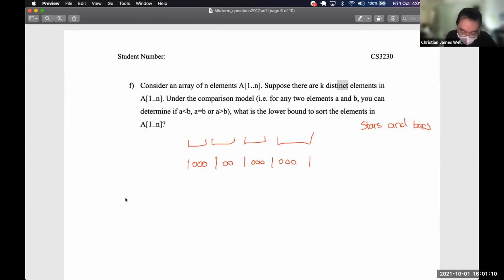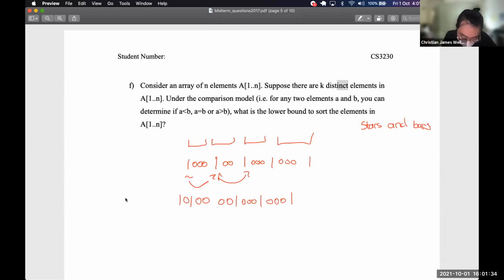Then you shuffle them around, like this is a possible partition. Then maybe this is also another possible partitioning. This is also another possible partitioning. Okay, so I need to look it up.